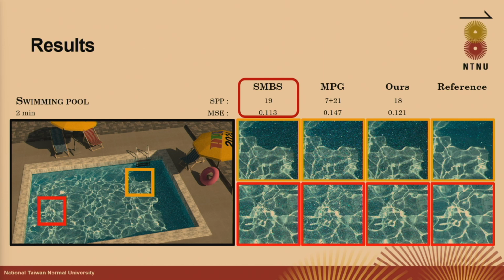On the other hand, the bisection sampling method introduces a large jump into its manifold walk, and can use the large jump to find these difficult paths more easily. So in this case, they have the lowest MSE in the scene, and we still achieve second place.